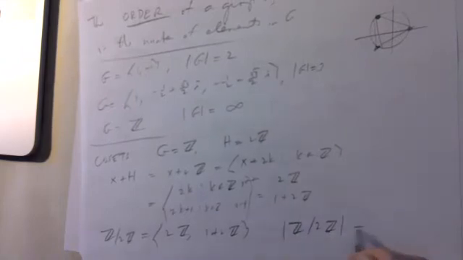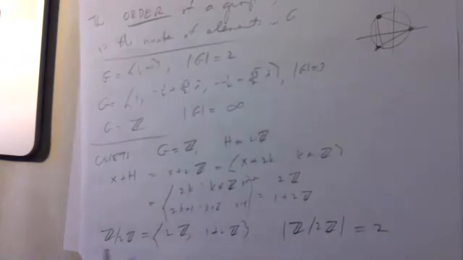So the cardinality is 2. The set Z of integers is infinite. The subgroup 2Z of even integers is infinite, but there are only two cosets, 2Z and 1 plus 2Z. So even though this group is infinite and this subgroup is infinite, the number of left cosets is finite. In fact, it's just equal to 2.